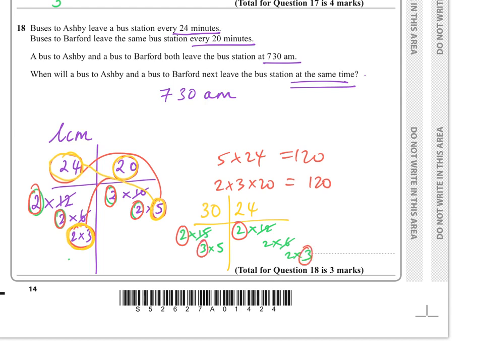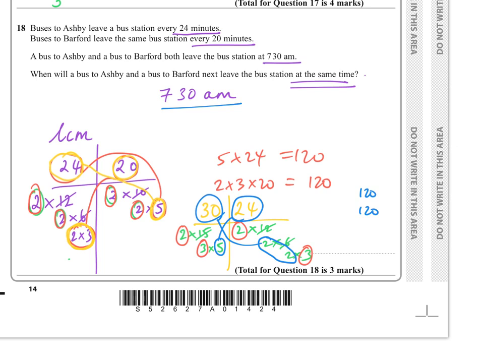And then you can see that 5 is needed by the 24. So 5 times 24 is 120. And you can see here that the 4 is needed by the 30, and 4 30s are also 120. So as it happened, the lowest common multiple of 30 and 24 is the same as the lowest common multiple of 24 and 20. So let's go back to the question.